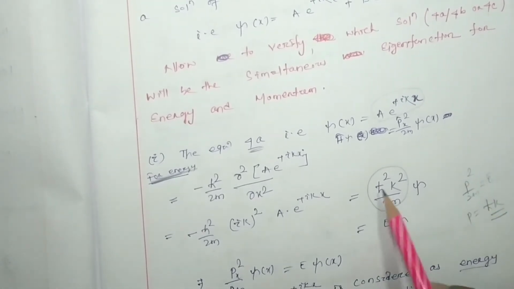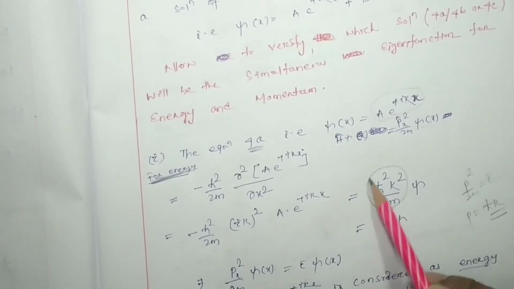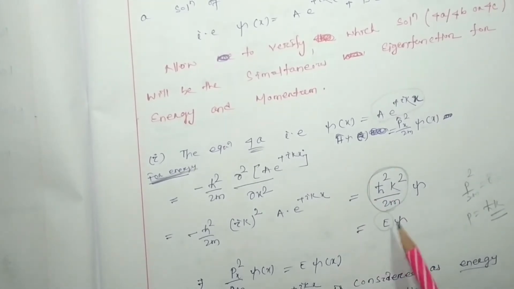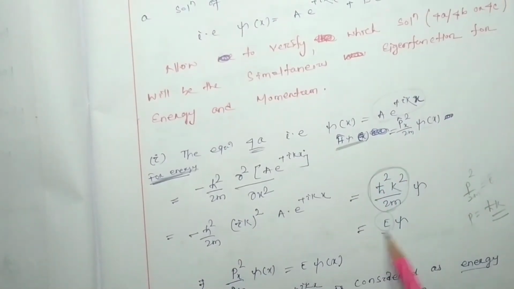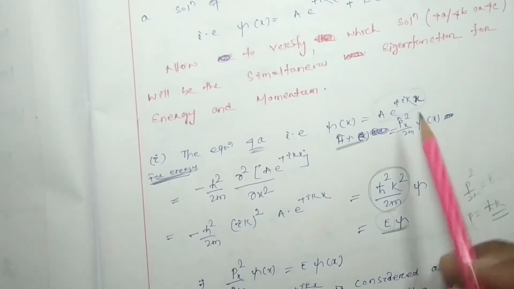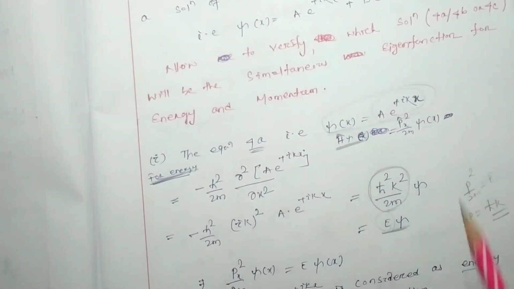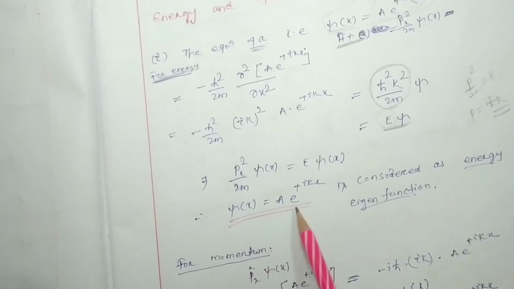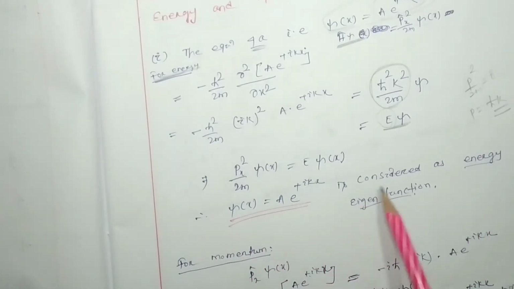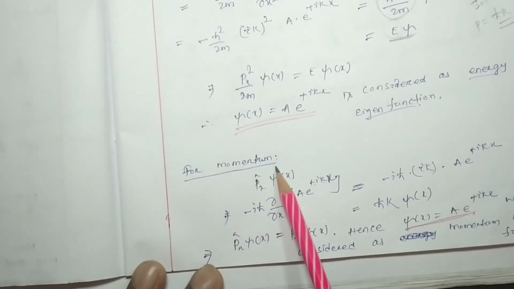So here h cross square k square by 2m is the dimension of the energy. So we found that H cap psi x is equal to E psi. Hence psi x equal to a e to the plus ikx is considered as an energy eigenfunction.